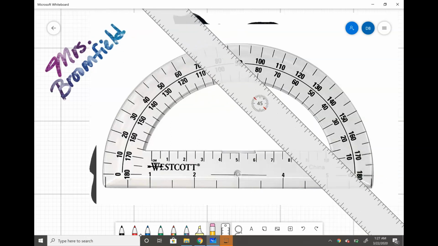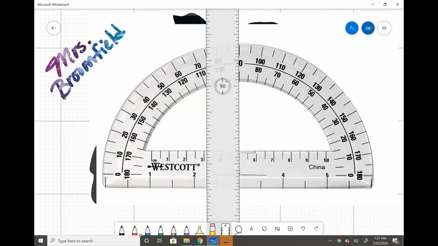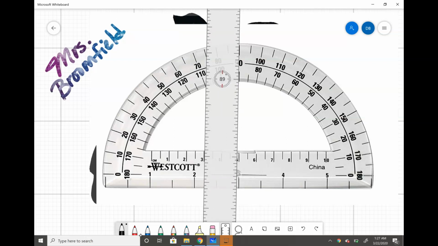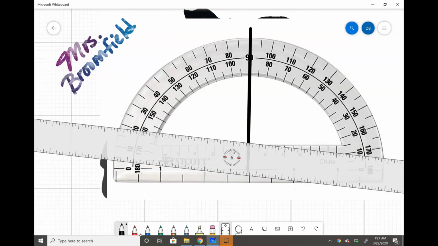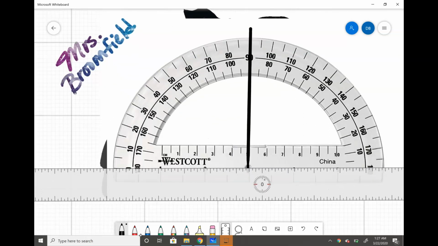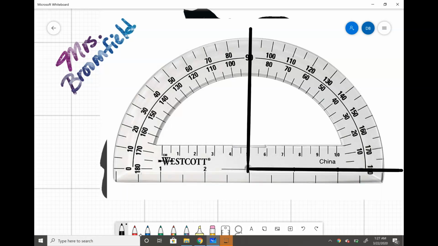I use this ruler to make a straight line. Okay, this is my vertex. I go straight up to 90 degrees. Then I use it to make another straight line. Okay. All right, so there's my right angle.